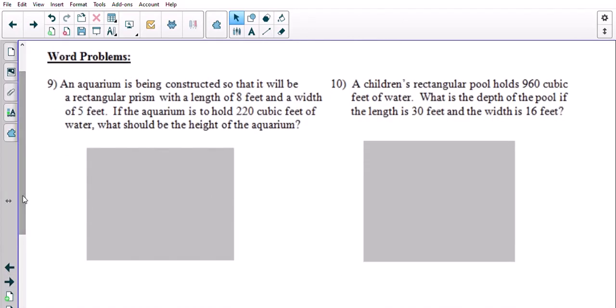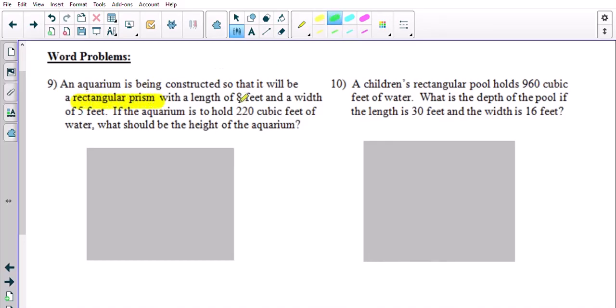An aquarium is being constructed so that it will be a rectangular prism with a length of 8 feet and a width of 5 feet. If the aquarium is to hold 220 cubic feet of water, what should be the height of the aquarium? Again, we don't have flashing lights here saying, hey, this is a volume question, but we know we're talking about the aquarium that's a rectangular prism, so we know it's a three-dimensional shape.